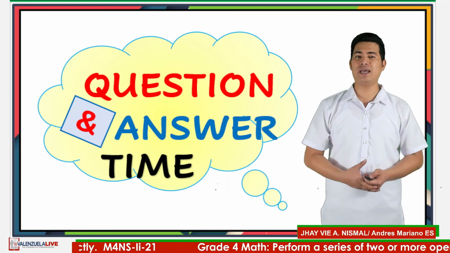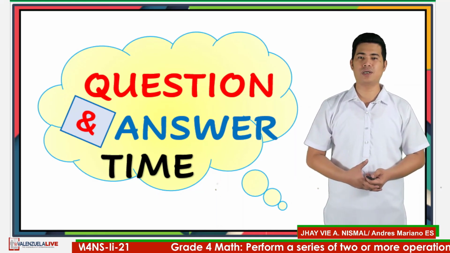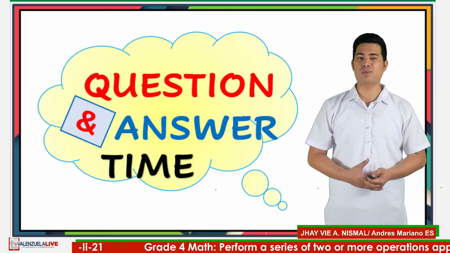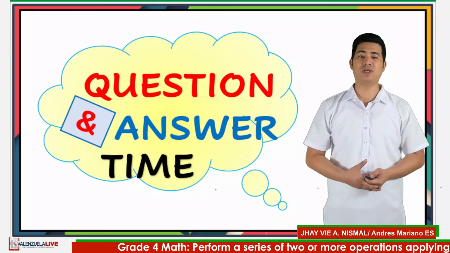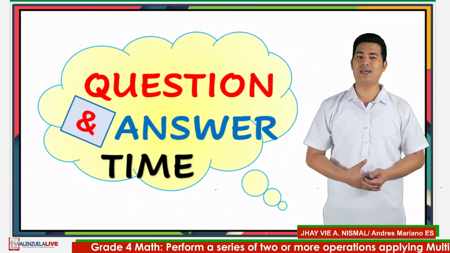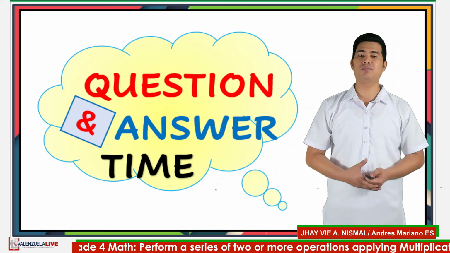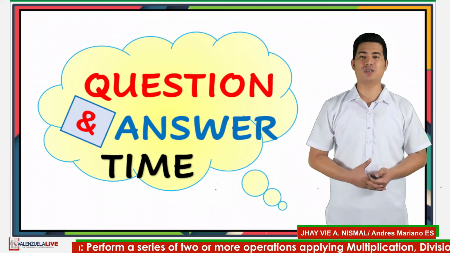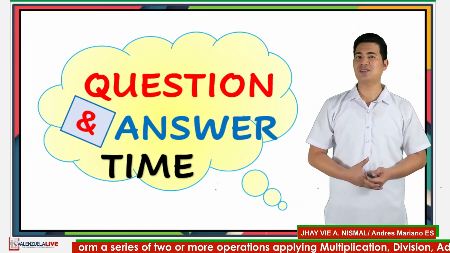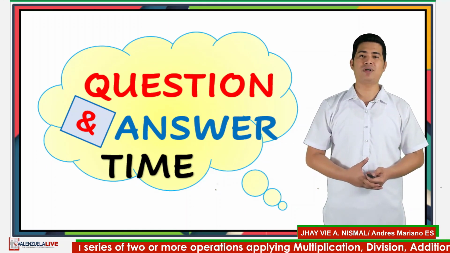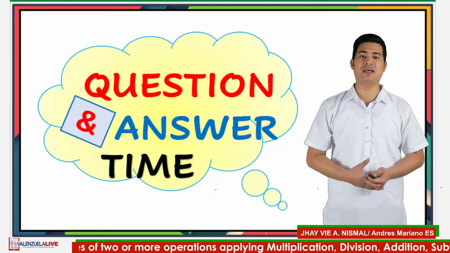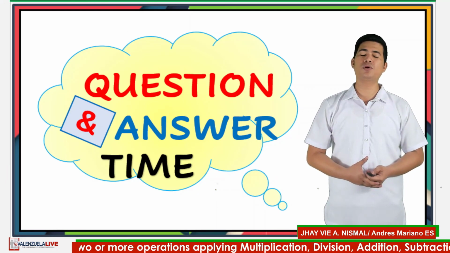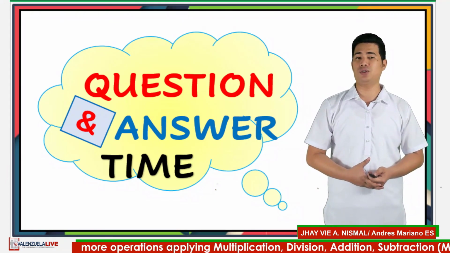We have our next question. Sir, let's say in a given expression, one operation was used repeatedly, twice. Should we perform them both at the same time? Thank you for that question. If that is the case, that same operation is repeatedly used twice in the expression, you need to consider the type of operation used.